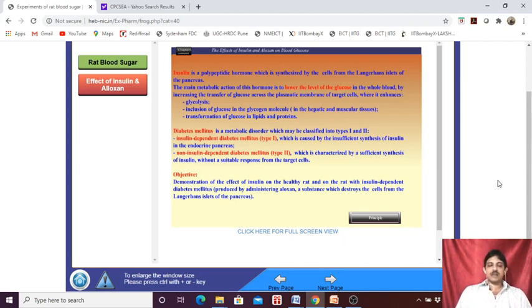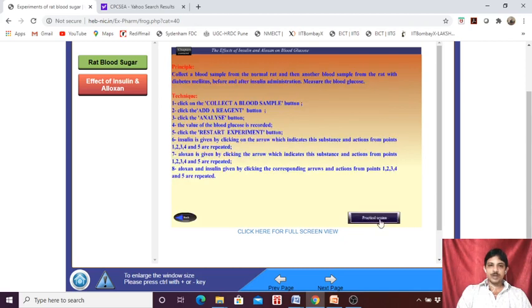Alloxan is a chemical which destroys the beta cell. If the beta cell is destroyed, what will happen? The blood glucose level will increase, and as it destroys the beta cell, it will produce type 1 diabetes mellitus in the experimental animal. Next we will see the principle.